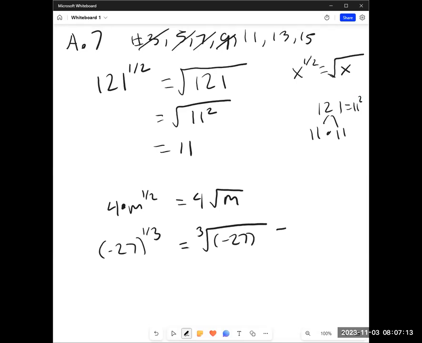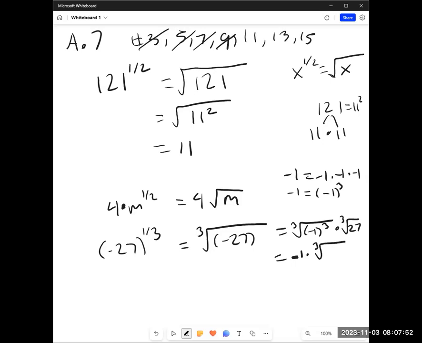This is the same as the cube root of -1 times the cube root of 27. -1 can be written as -1 times -1 times -1, or -1 cubed. So I'm going to write that as -1 cubed, and the cube root and the cubed will make each other go away. So there's a -1 as a multiplier here.